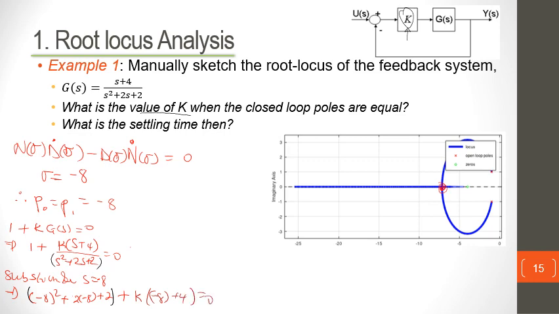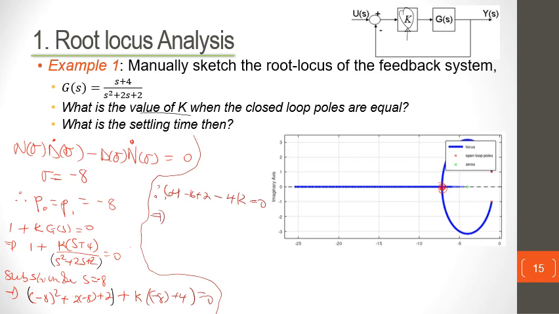Now if we take all of this, let me draw a line here. So therefore we have 64 minus 16 plus 2, and then here we have minus 8 plus 4, which is negative 4, so negative 4K is equal to 0.